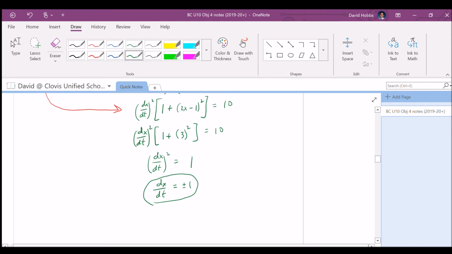And remember, we're going for the velocity vector, and the velocity vector is made up of dx/dt, dy/dt. So we're going to take advantage of that.